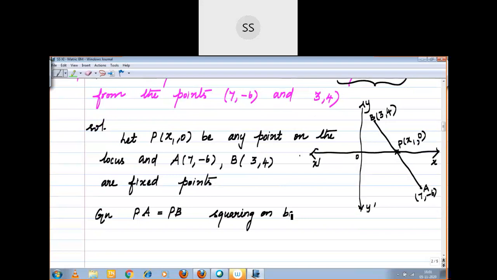Then what is given in the question? They said they are equidistant. That means how will you write? PA equal to PB.